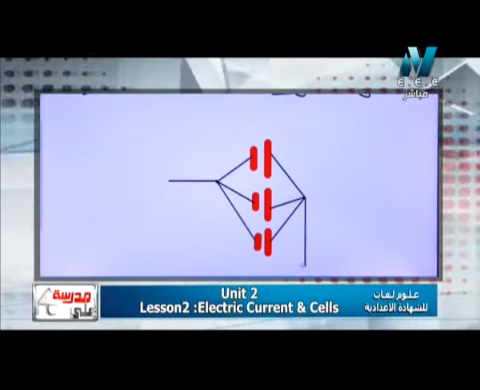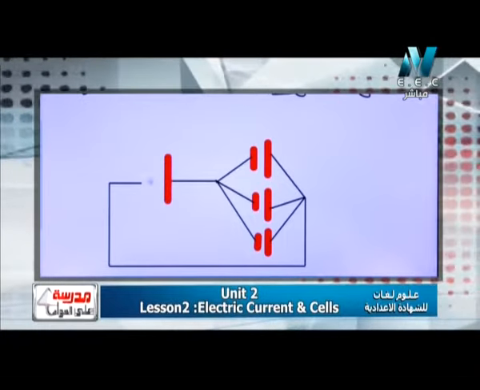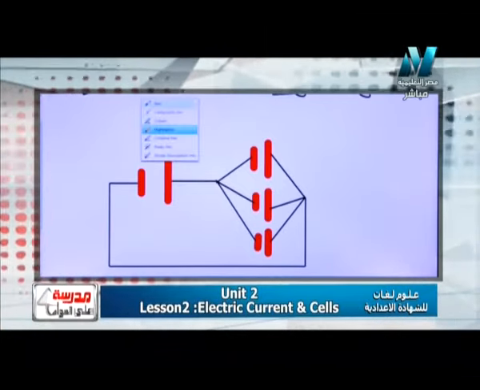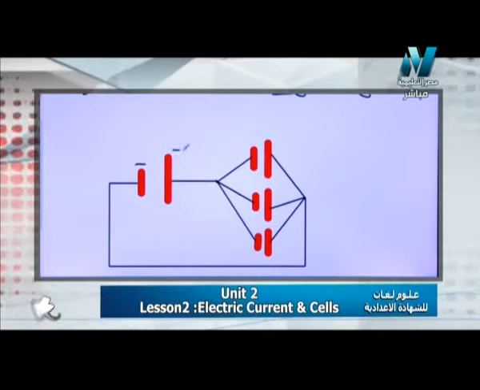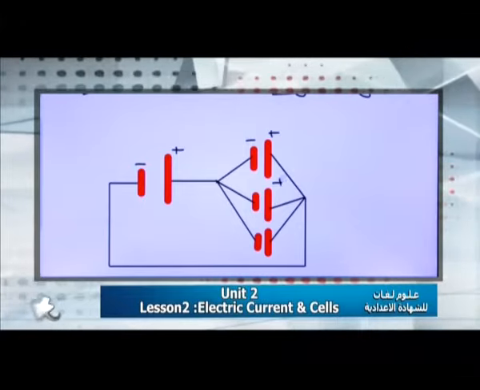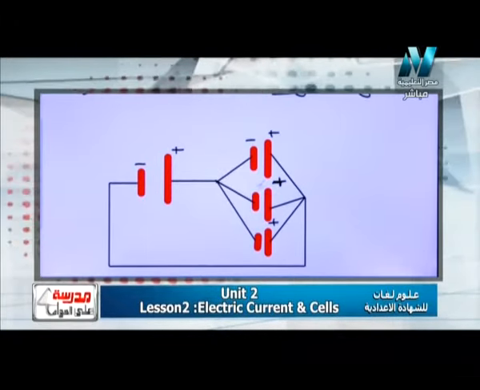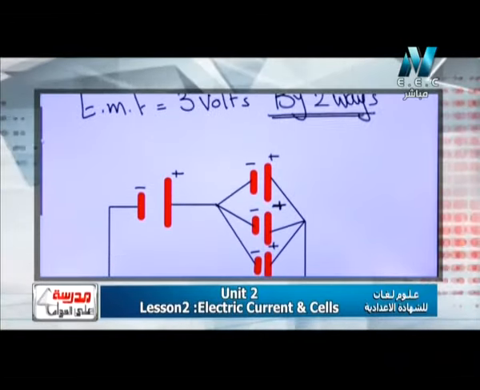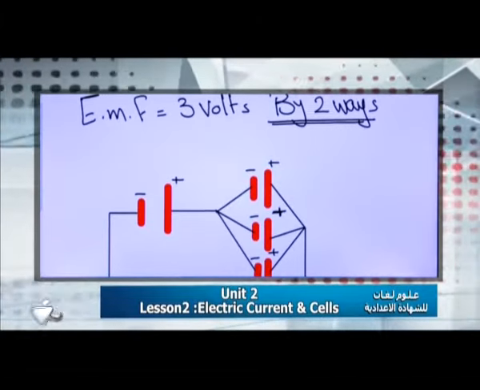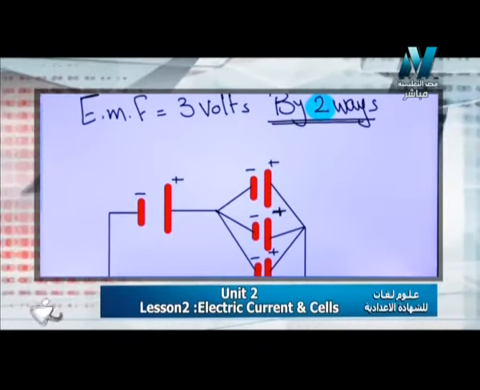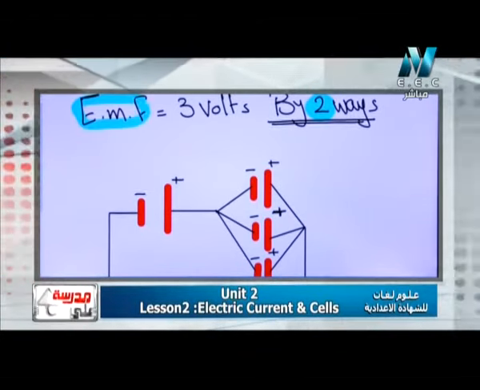So the total equal 3 volts. So, as you see here, dear students, we have two ways. We obtain from these ways electromotive force of the cells as 3 volts.